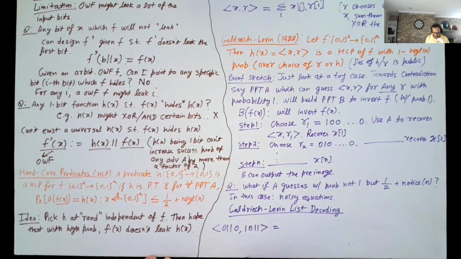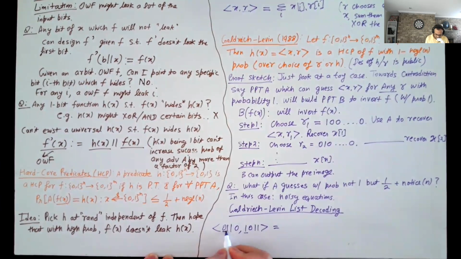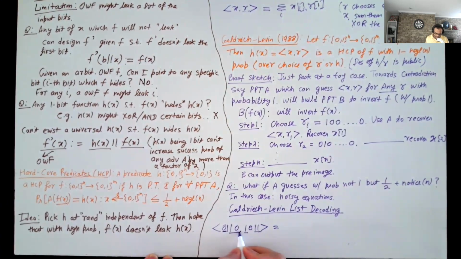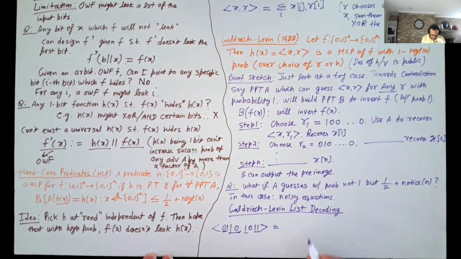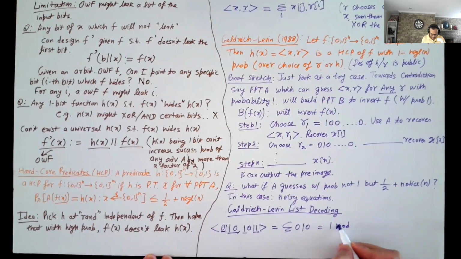Here we have 1, so we select the first bit. Here we have 0, so we leave this bit out. Here again we have 1, so we select this. So essentially we are summing 0, 1, 0, which is just 1. And once you take mod 2, it doesn't make any difference.